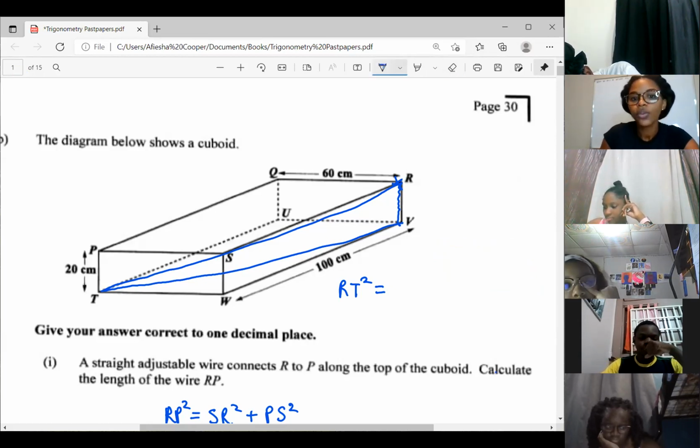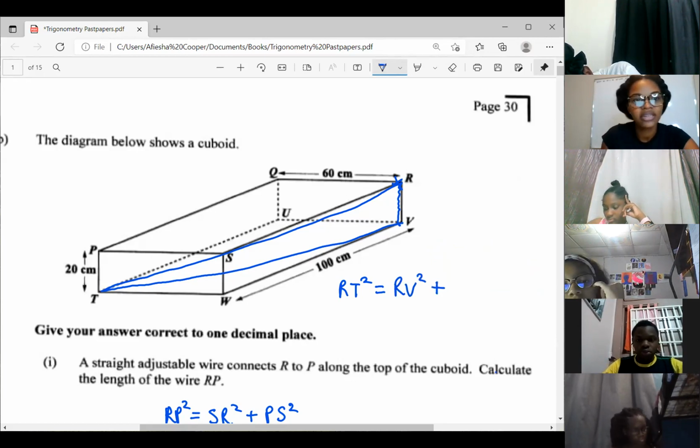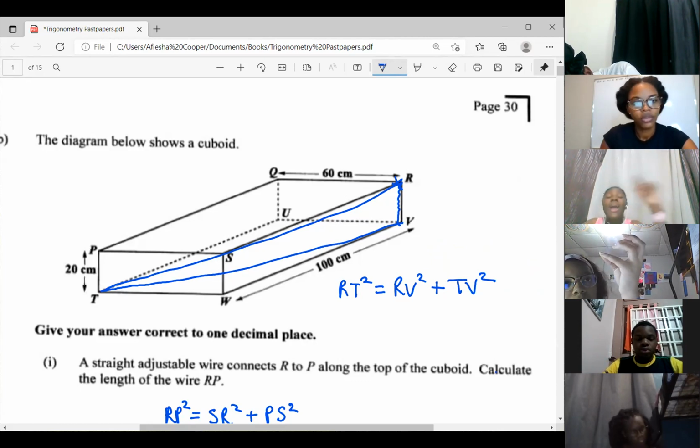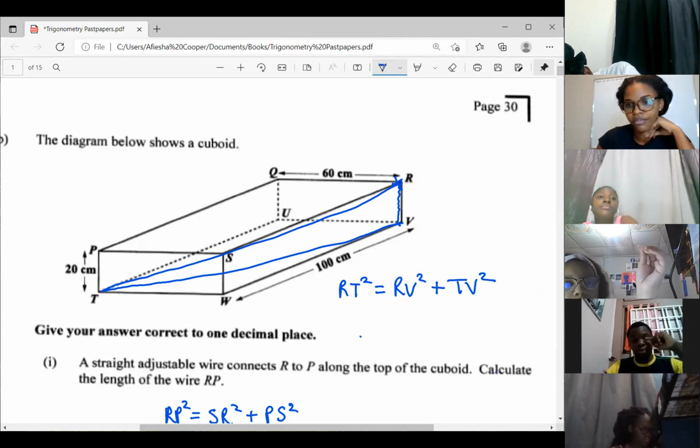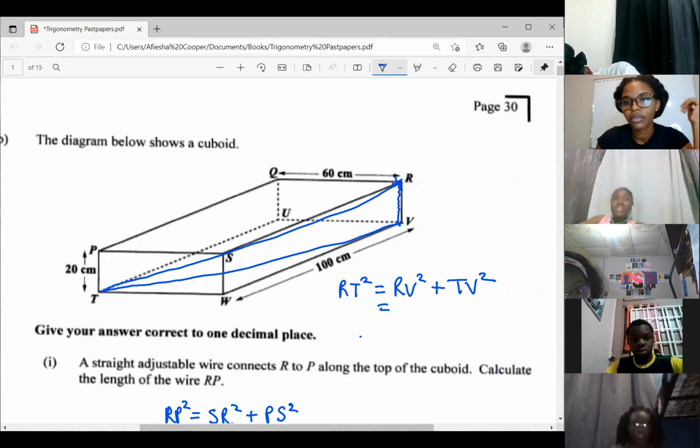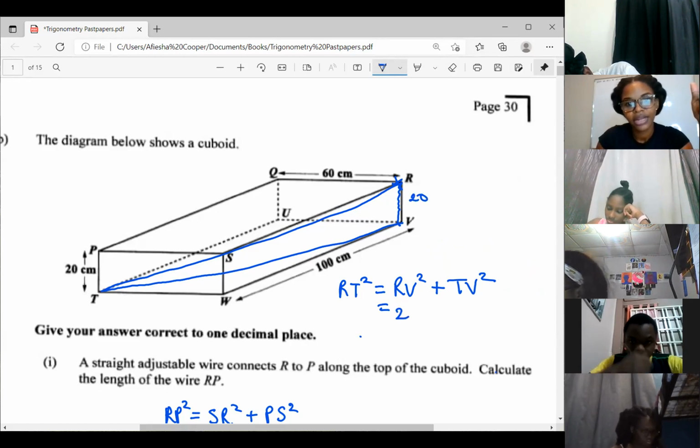So RT squared is equal to RV squared plus TV squared. All right, what's the value of RV? RV was 20. So 20 squared. What's the value of TV?